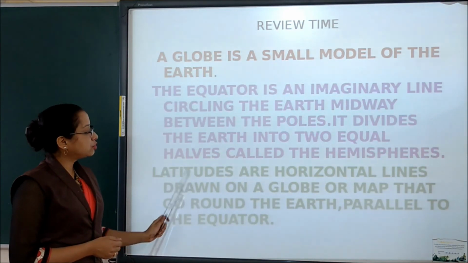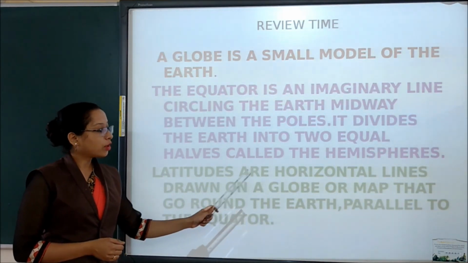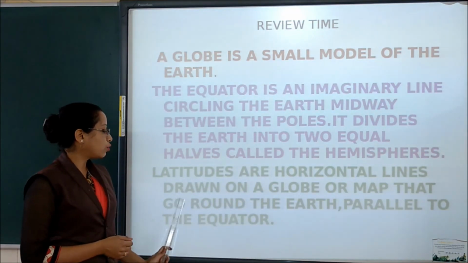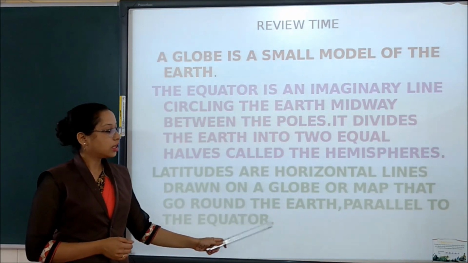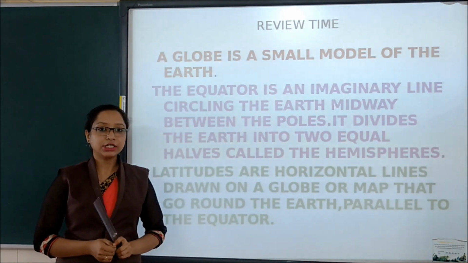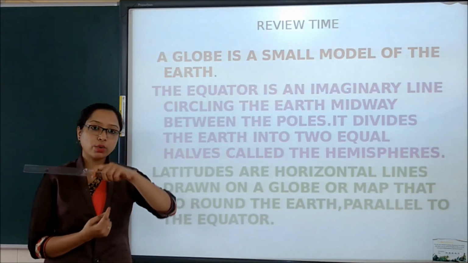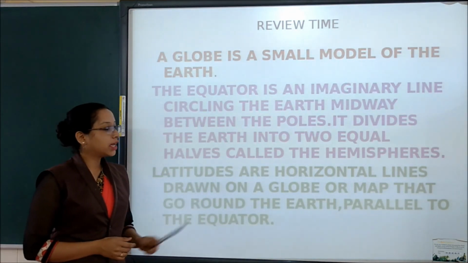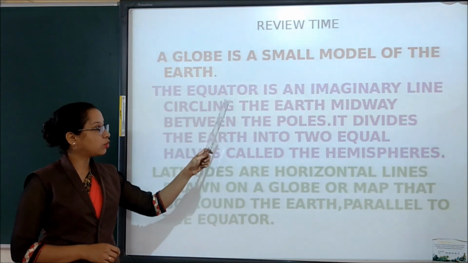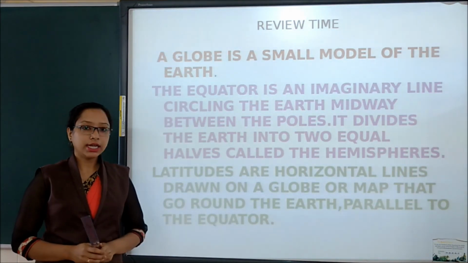Then latitudes are horizontal lines drawn on a globe or map that go round the earth parallel to the equator. So we have understood about the globe, about the equator and about the latitudes.